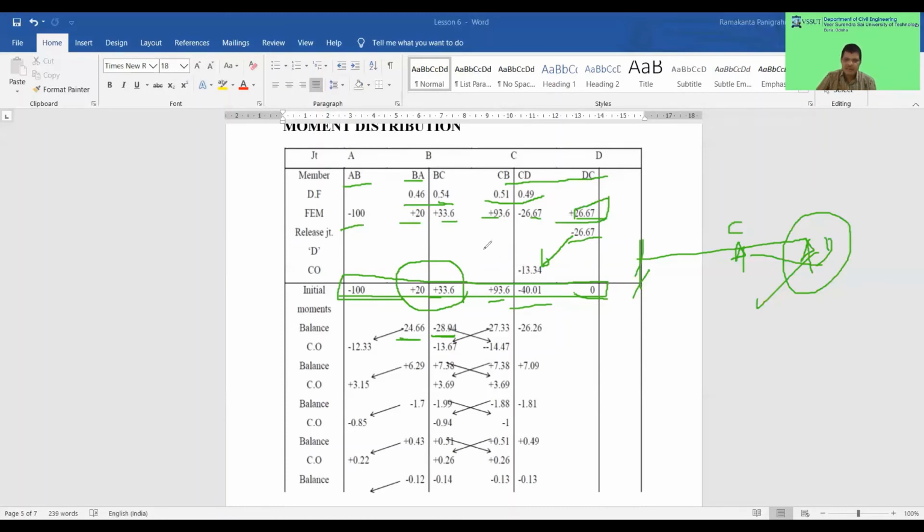Sorry, here this value is plus 93.6 minus 40. So 93 minus 40 comes around 53. So 53.59, a plus 53.59.